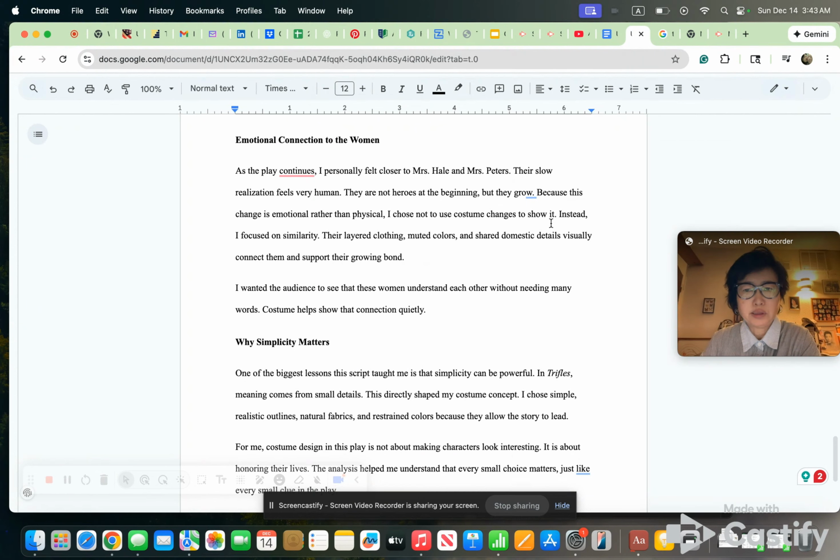I felt closer to them because you feel their emotion start to change, that they empathize with Mrs. Wright, experiencing the same kind of feeling as females in that society who are being treated as unimportant and not valued.